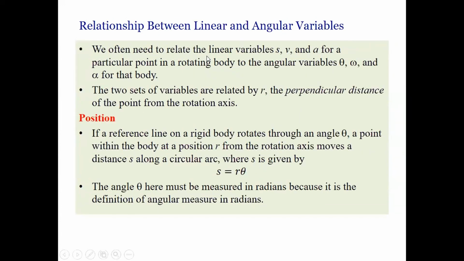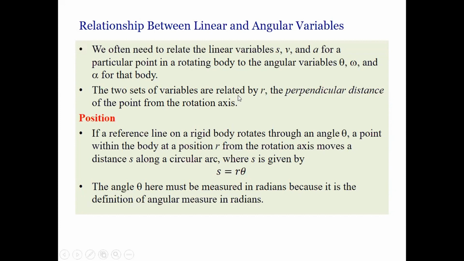So we often need to relate the linear variables such as the displacement S, the velocity V, and acceleration A for a particular point in a rotating body to the angular variables such as the angular displacement theta, angular speed or angular velocity omega, and angular acceleration alpha for the body.